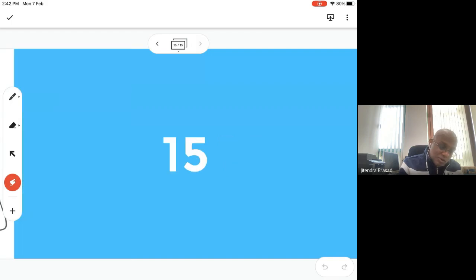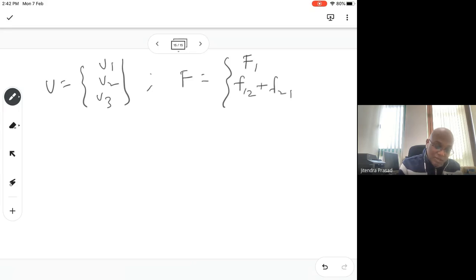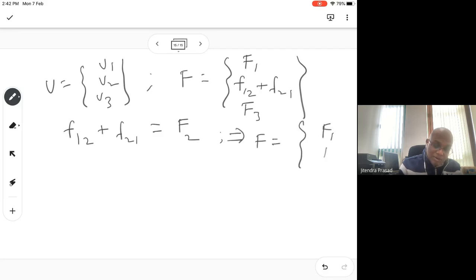And U will be given as U1, U2, U3, and F will be given by F1, F12 plus F21, and F3. And we know that F12 plus F21 is equal to F2. Hence, it tells you that F is nothing but F1, F2, F3.